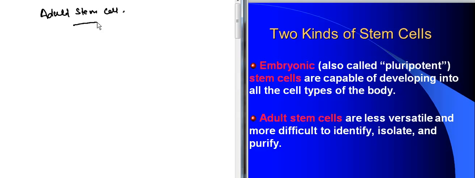Adult stem cells are not capable of differentiating into other types of cells.